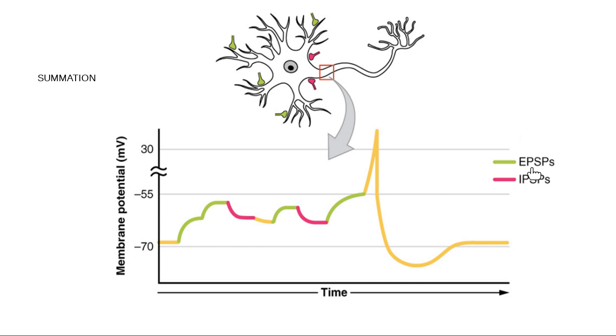When we talk about EPSPs and IPSPs, these little changes in charge, do we remember, are these caused by chemically gated channels or voltage gated channels? Which kind of channels help me to do EPSPs and IPSPs?